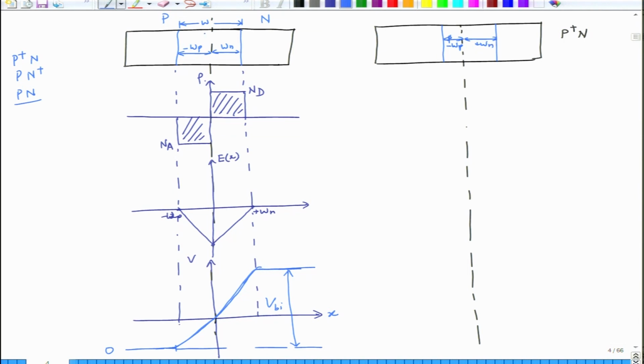This would be the negative fixed charges, this will be the positive fixed charges. Now if you plot the charge density here, the charge density in this region is higher but for a shorter distance, and in the other region it is lower but for a longer distance.